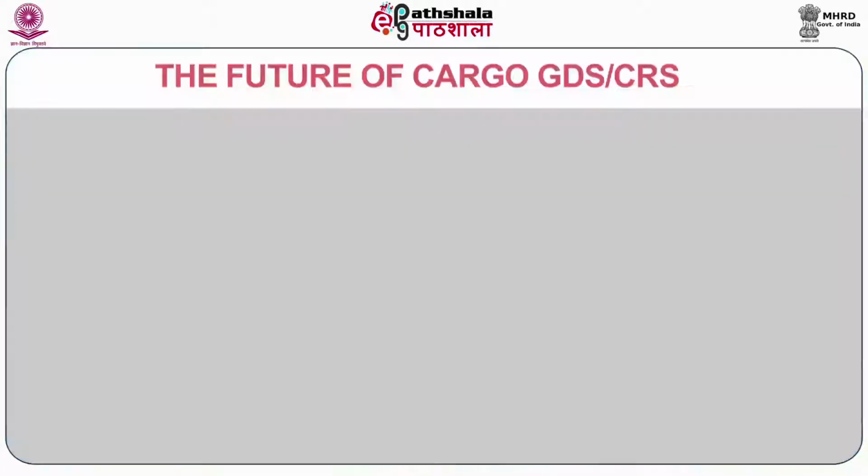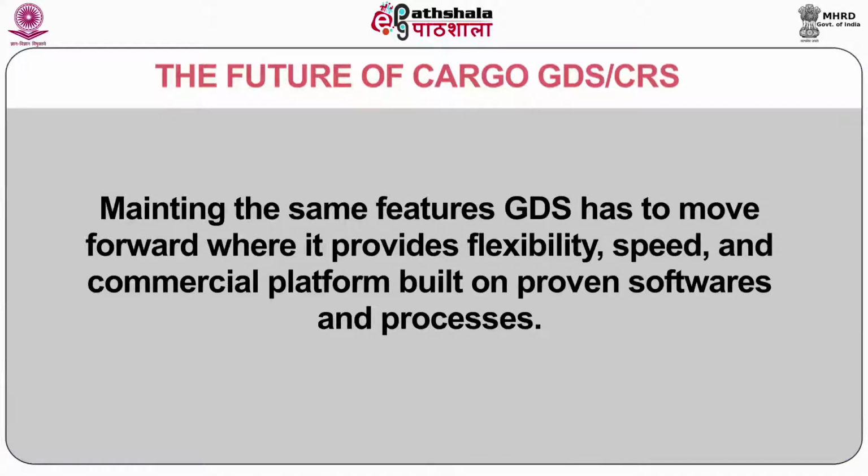To survive, global distribution systems need to reinvent themselves. GDS have proved their mettle over a period of time in security, reliability, speed, and accuracy. Maintaining the same features, GDS has to move forward, where it provides flexibility, speed, and a commercial platform built on proven software and processes.